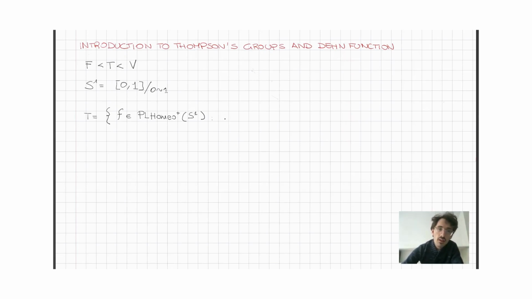So f has a well-defined derivative, except at finitely many dyadic points, so rational points where the denominator is a power of 2.